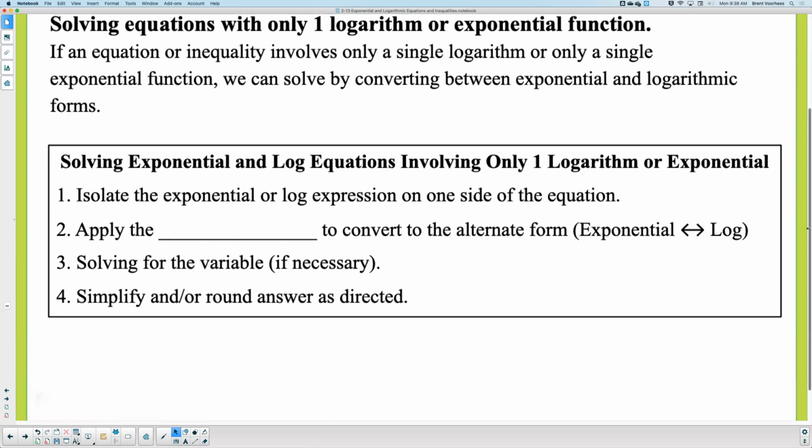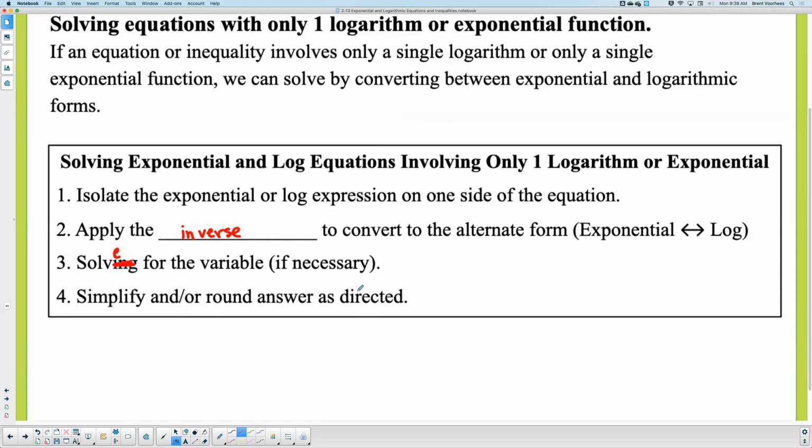We're going to apply the inverse. Then we'll solve for the variable and simplify and/or round our answer as directed. This is just for you to look back on. So there are the steps that we're going to be following all day today.